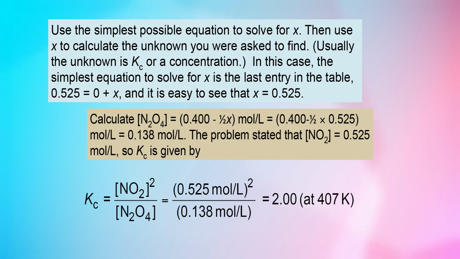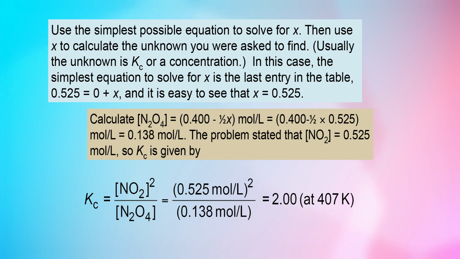So, for Kc, you put the equilibrium concentrations: on the numerator you put 0.525, and in the denominator the equilibrium concentration of N2O4 will be 0.4 minus half of nothing else but 0.525, which is x.